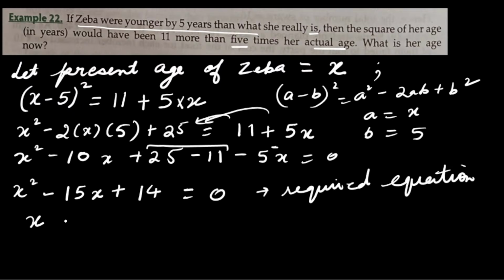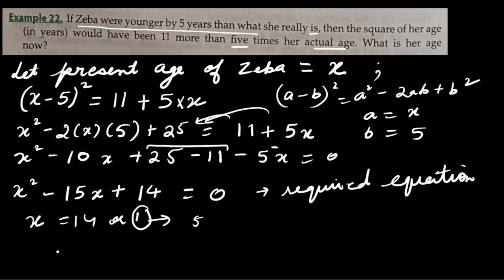Shiva Shankar has mentioned x is equal to 14 or 1. So which one we will consider? X is the present age. Because 5 years back, if we consider 1 year of age, we cannot go 5 years back.